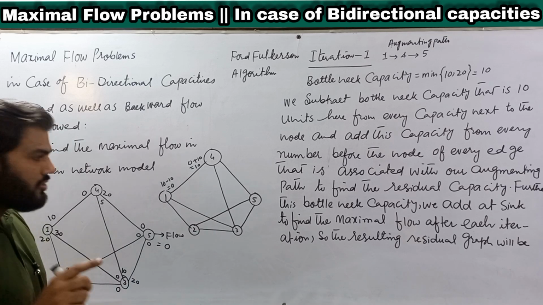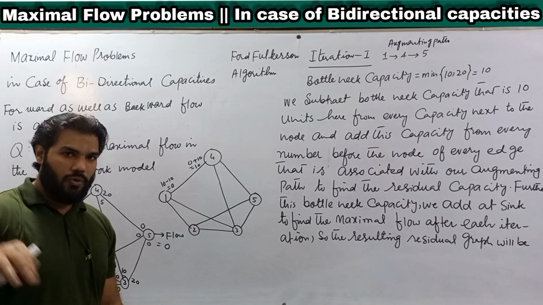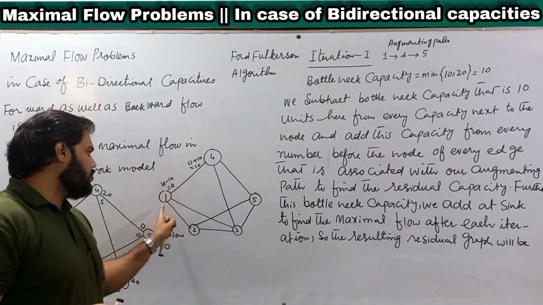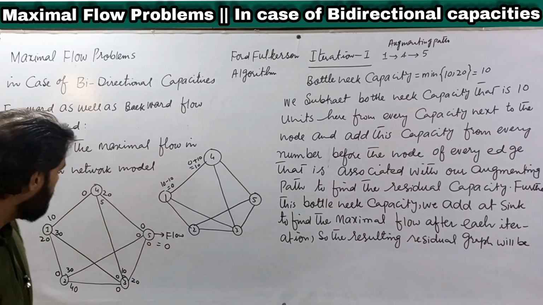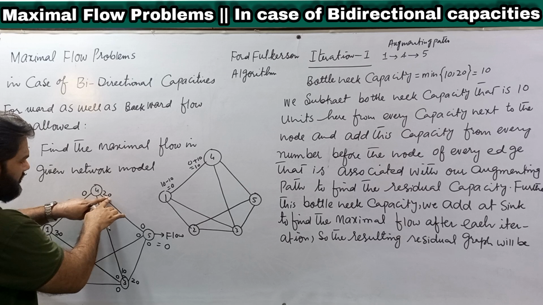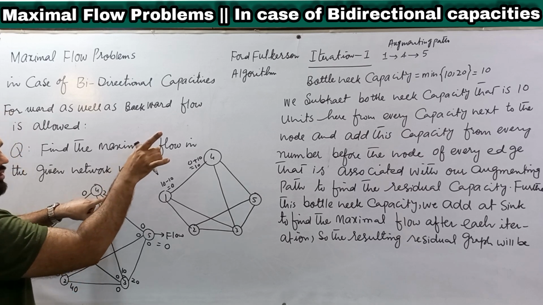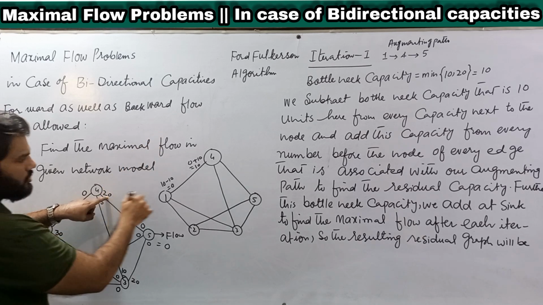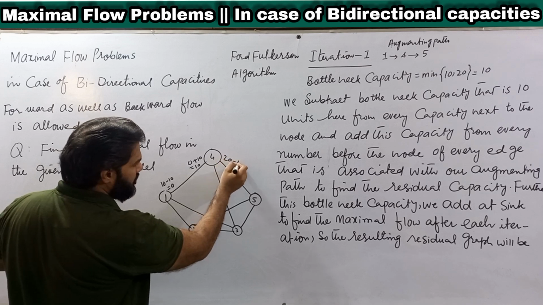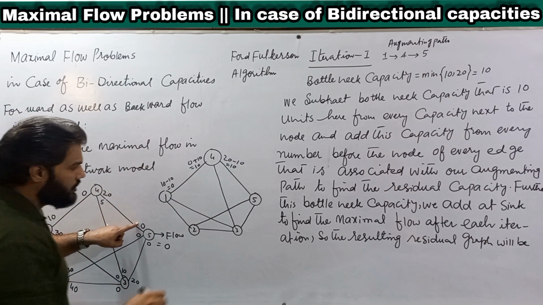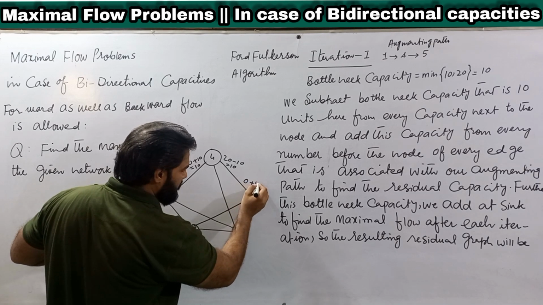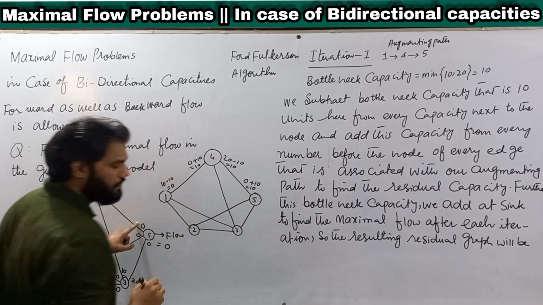Now this shows that there is also a backward flow from node 4 to node 1, of 10 units after the first iteration. Similarly, we subtract the bottleneck capacity from the first number, that is 20 here. This will become 20 minus 10, that is equal to 10 here. In a similar way we add the bottleneck capacity here, this will become 10.